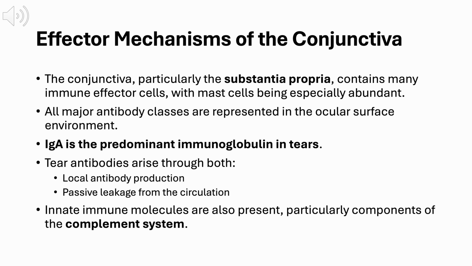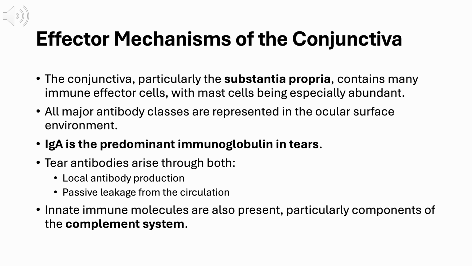Having covered how the conjunctiva senses and processes antigen, let's look at its effector toolkit. The substantia propria is packed with immune effector cells, and mast cells are especially abundant here, a detail worth remembering because it explains the conjunctiva's dramatic role in allergy. On the humoral side, all major antibody classes are represented at the ocular surface. IgA predominates in tears, consistent with the conjunctiva's identity as a mucosal tissue.